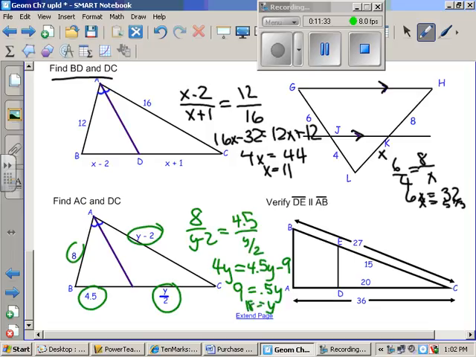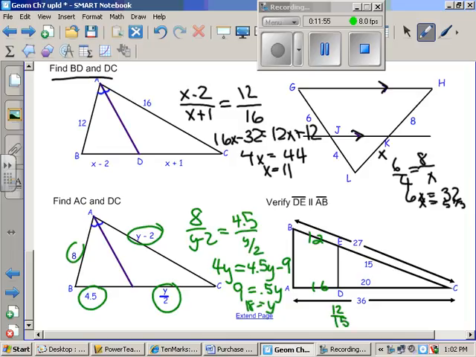All right? And then this one, for these to be parallel, it has to split the side proportionally. So if this whole thing is 27 and this is 15, this would be 12, because 12 plus 15 is 27. If this is 20 and the whole thing is 36, then this would be 16. And then I just have to check that the ratios are the same.